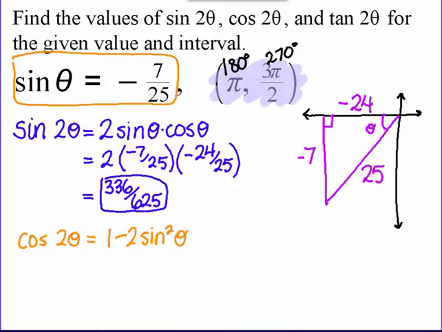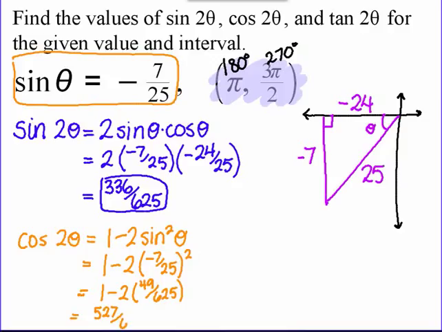So when it says sine squared theta, that's just sine of theta, like this, squared. That's all it is. So all you need to do now is calculate that. And so we know that negative 7/25 squared is going to be 49 over 625. So you end up getting 1 minus 98 over 625, which comes out to be 527 over 625. So that's your second answer.